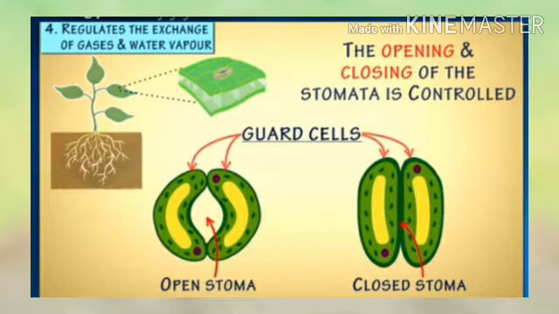In leaves, the epidermis has stomatal openings for exchange of gases, which are controlled by two kidney-shaped guard cells. The guard cells are the only epidermis cells that contain chloroplast for photosynthesis.